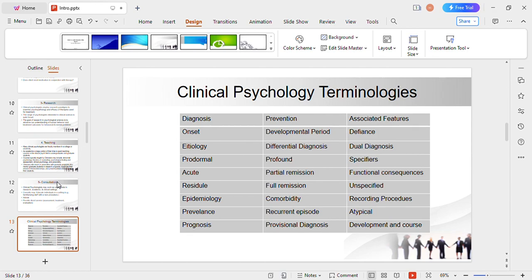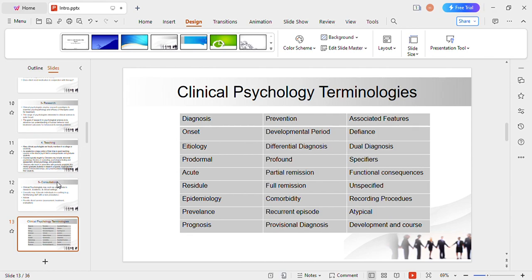Okay, so now we will move towards the clinical psychology terminologies. These are the terminologies which all of you should be familiar with for the better understanding of DSM-5-TR. So the first word is diagnosis, and it means the criteria which we can use for the identification of illness.